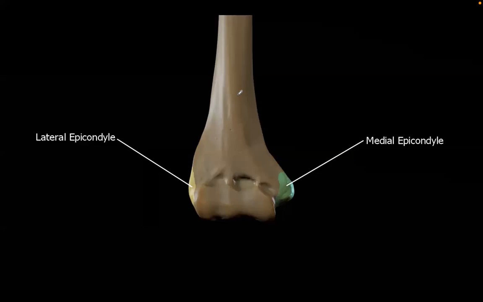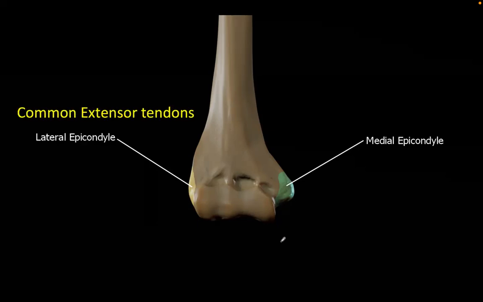Now, look at these two important structures. Can anyone tell me what is going to be the tendons which are attached to the lateral epicondyle? Is it going to be the common flexor tendons, or is it going to be the common extensor tendons?